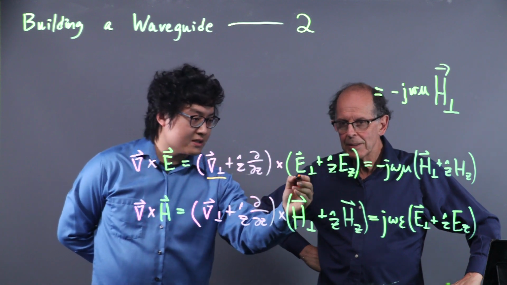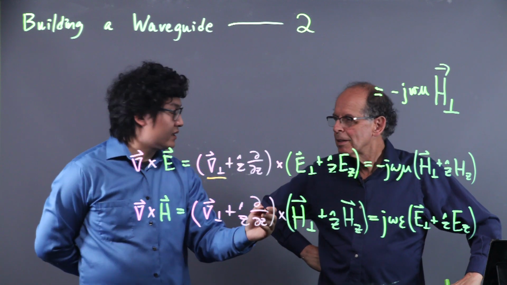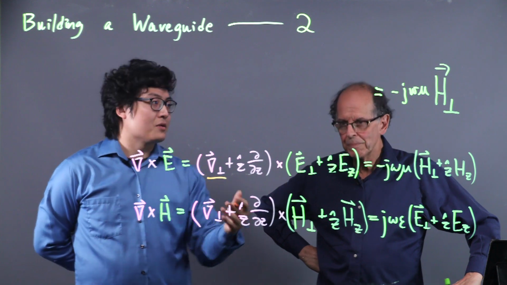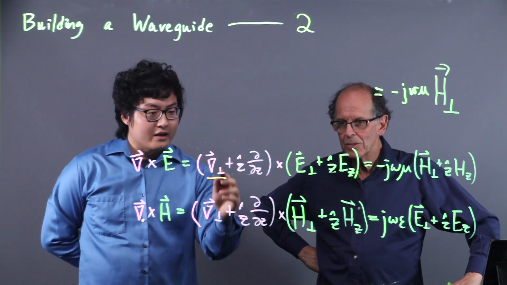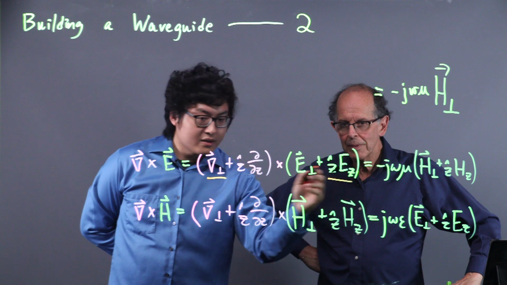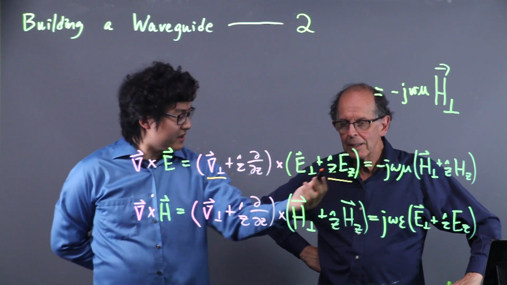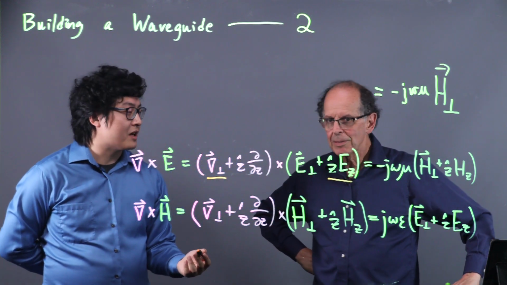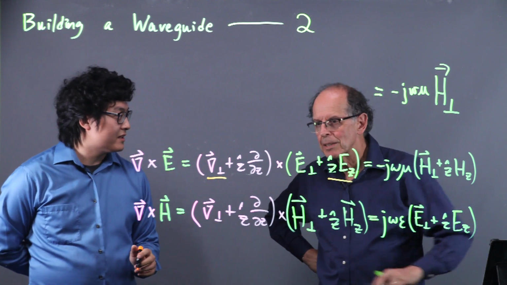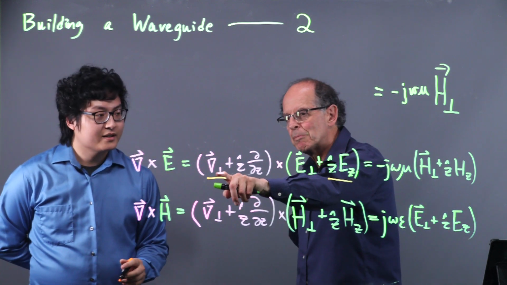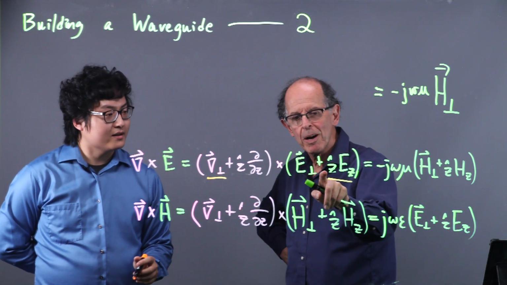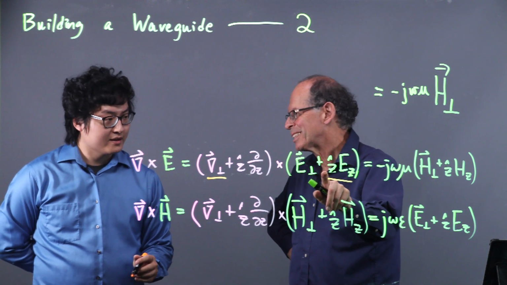If we cross this with E perpendicular, we only get a Z component. So that's not what we want. And we look to the next one, cross of that. I think that uses Z component, XY component. Right, because this has got X component and Y component. Cross with Z hat gives us a Y and an X.